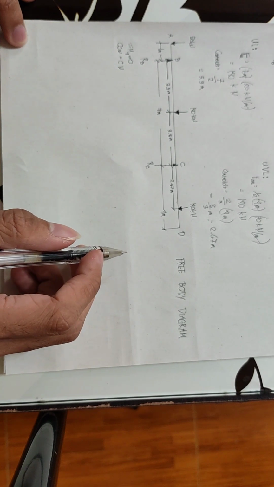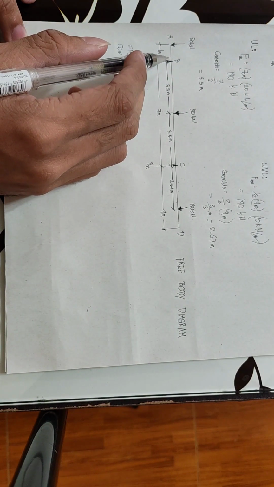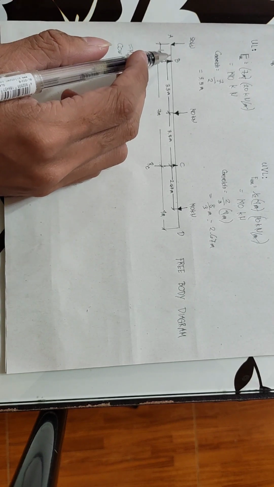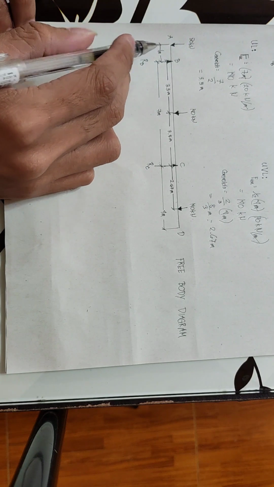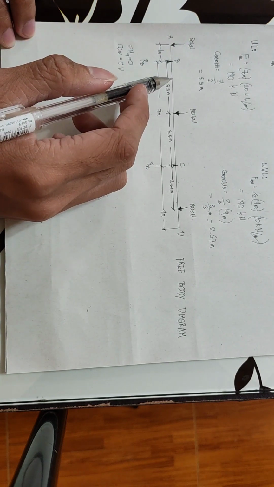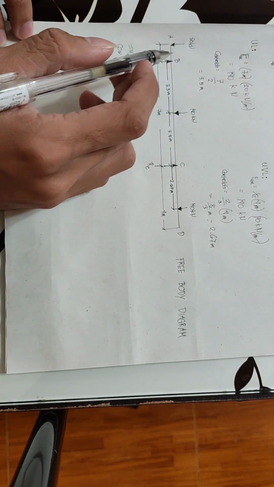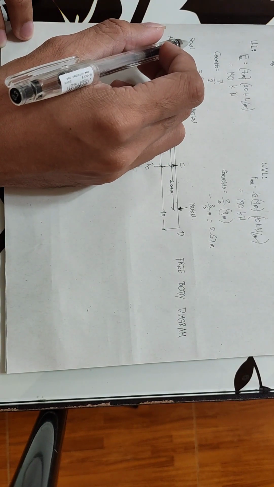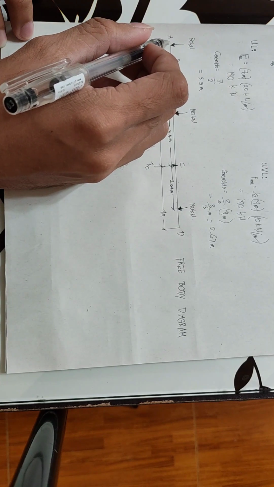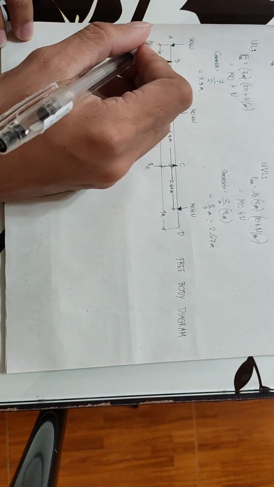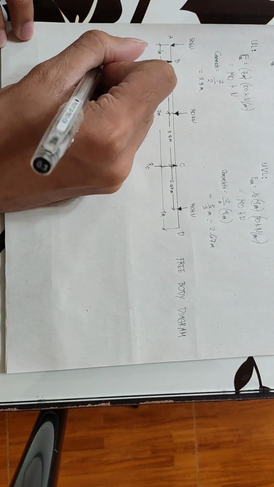If we take moments at point B, the counterclockwise forces will be this. Moment is force times distance, where the distance must be perpendicular to that force. This 50 kilonewton force going downward has a counterclockwise rotation, so 50 times 1.